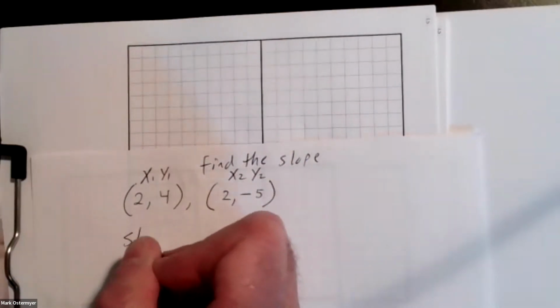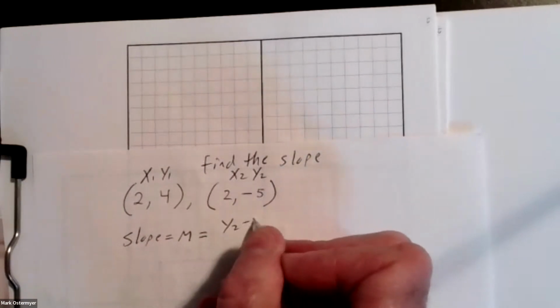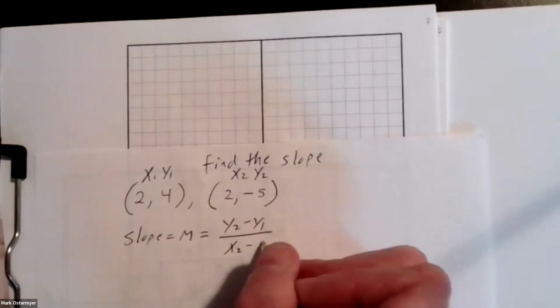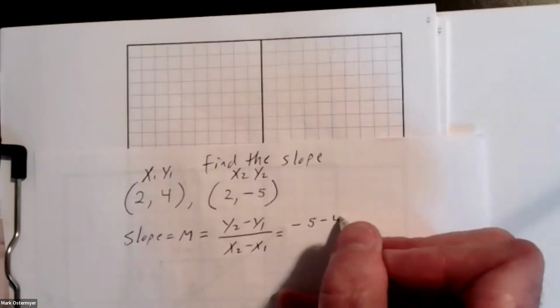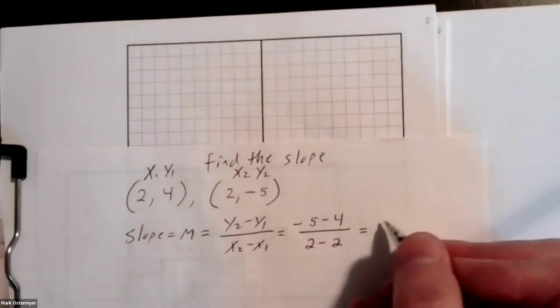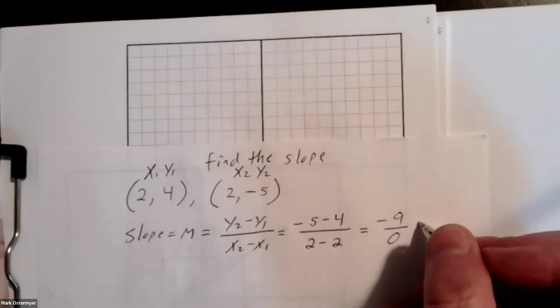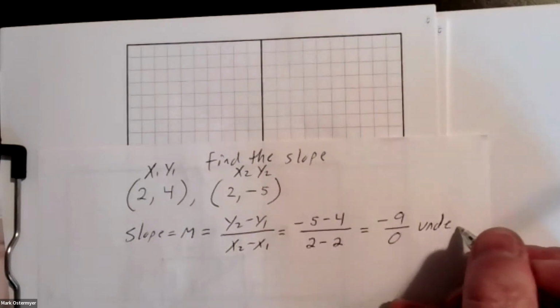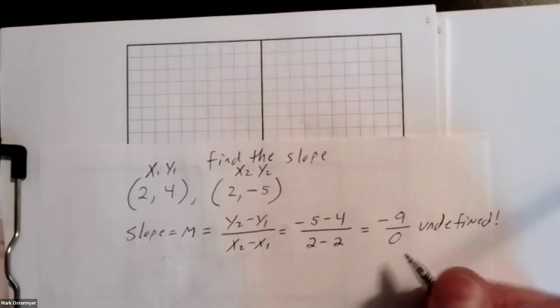So the slope of this line is going to be equal to m, which is going to be equal to y2 minus y1 over x2 minus x1, which is going to be -5 subtract 4 over 2 minus 2. In this case, we're going to get -9 divided by 0, and anything divided by 0 is undefined. So this slope is undefined.